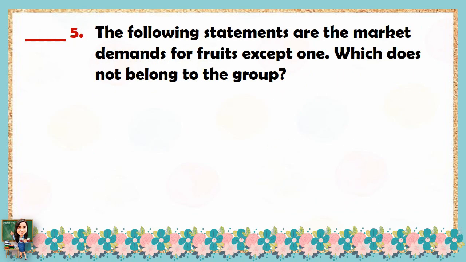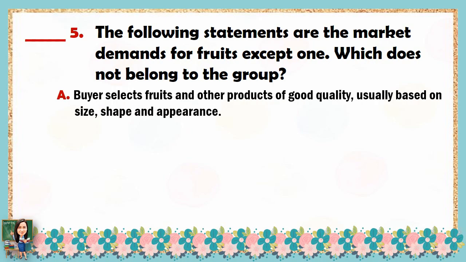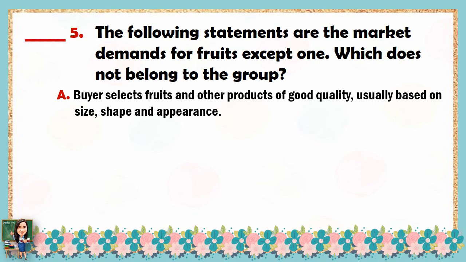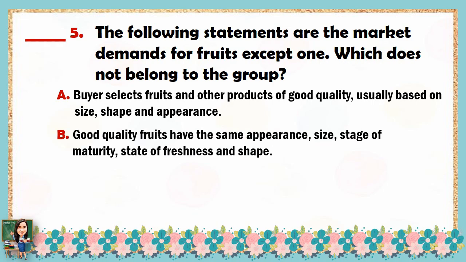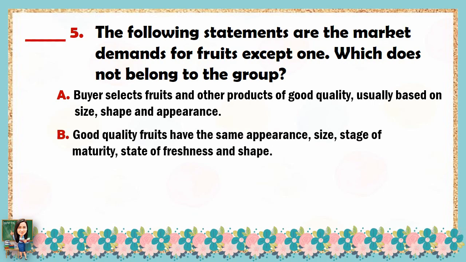And number 5. The following statements are the market demands for fruits, except one, which does not belong to the group. A. Buyer selects fruits and other products of good quality, usually based on size, shape, and appearance. B. Good quality fruits have the same appearance, size, stage of maturity, state of freshness, and shape.